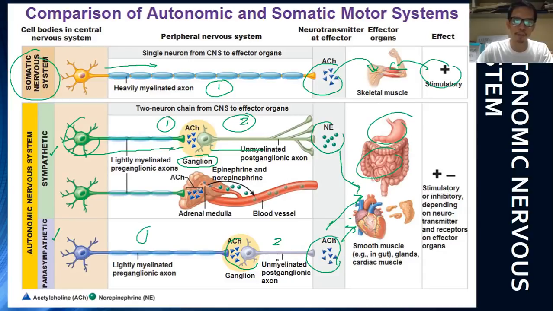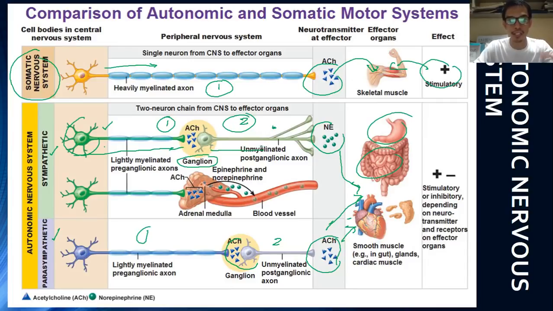Okay, so let's take a look at the neuron. As you can see here, the sympathetic nerves are near the organs. So the one that is connected to the spinal cord, this thing right here, is shorter, and the one that is connected to the organs, the one that we have right here, is longer than the first one.